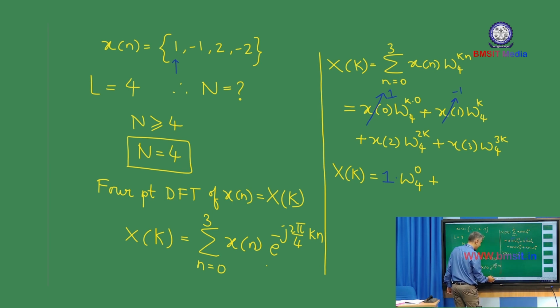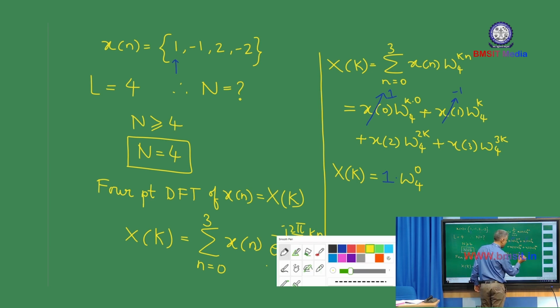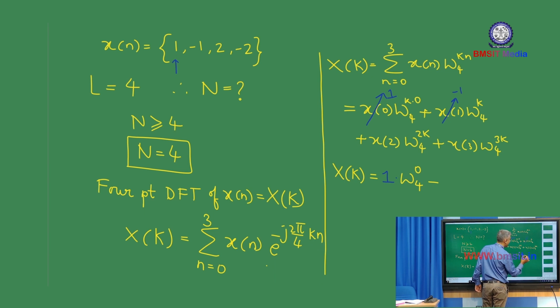So write the signal value as minus 1 into W4 raised to k. On the same line, what is x of 2? X of 2 is plus 2.